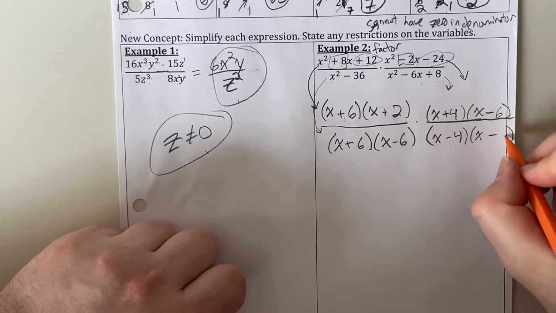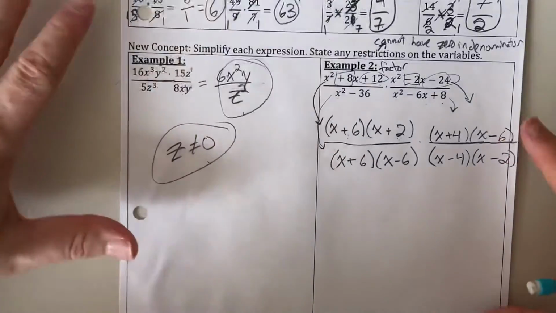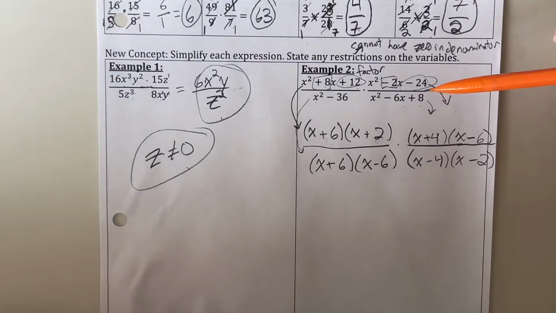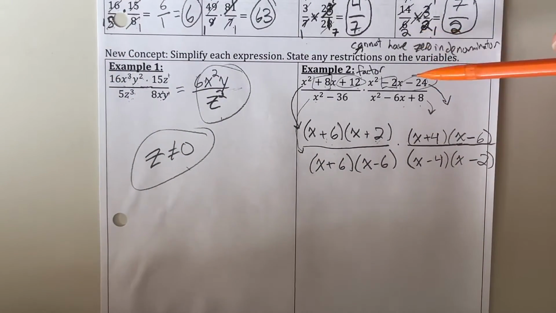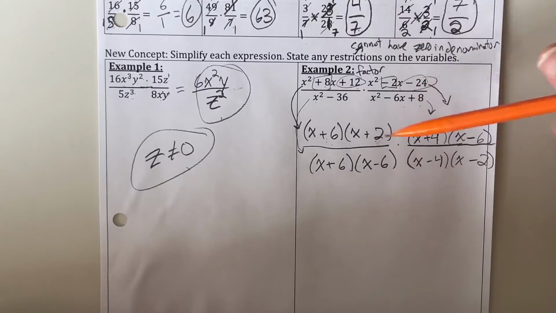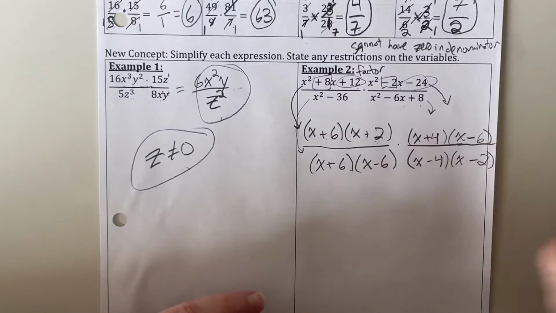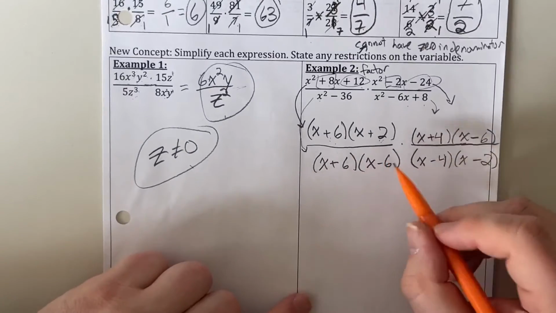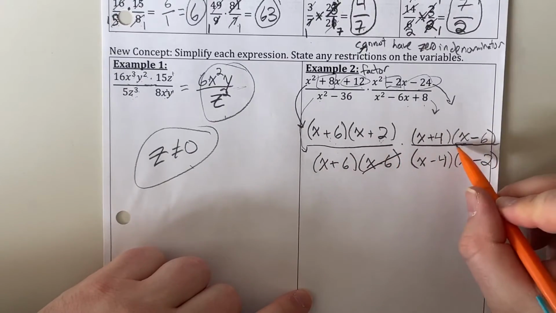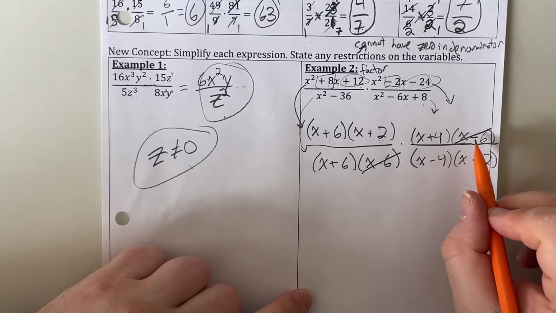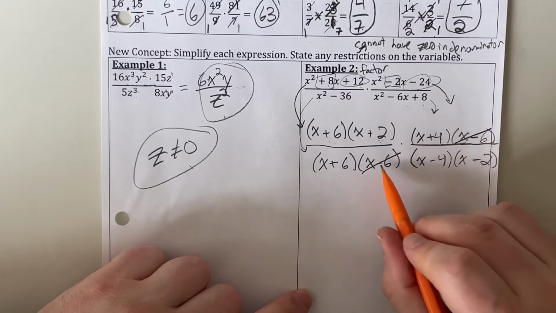All right. So once you have your factors, you can do your cancellations. I want to simplify by canceling out those common packages. So look for the same amounts, similar factors. Right away I have an x minus 6 on the top and the bottom, meaning I can cancel out in the numerator and the denominator.